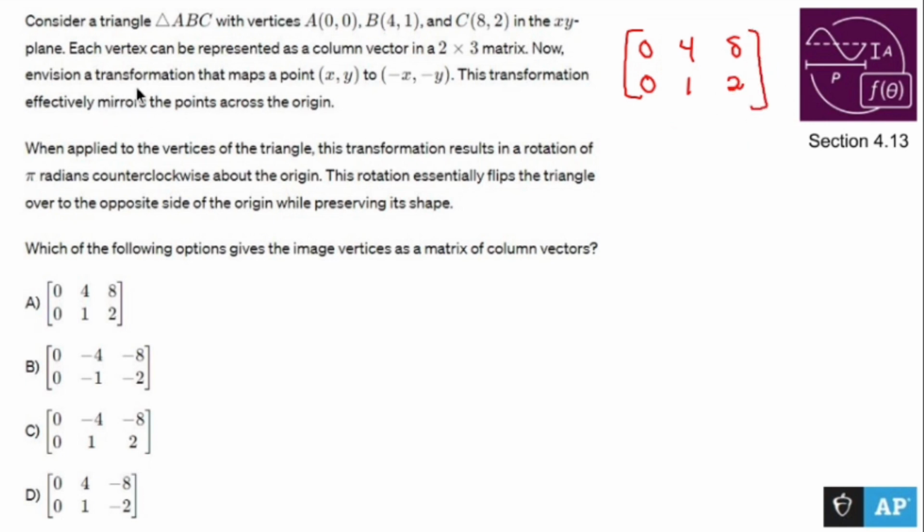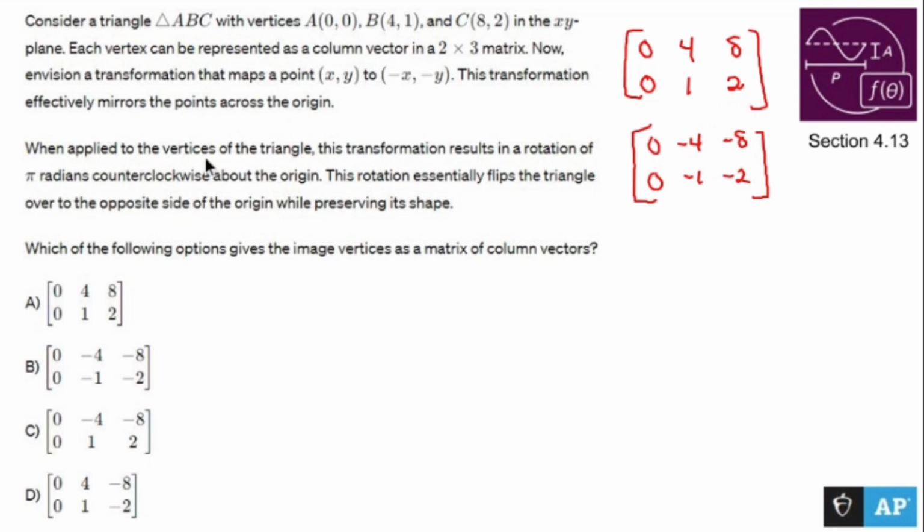Now envision a transformation that maps a point x, y to negative x, negative y, which is basically just flip-flop everything. If x and y become their opposites, so negative 0, negative 0, negative 4, negative 1, negative 8, negative 2. So not only did I envision it, but I did it. The transformation effectively mirrors the points across the origin.